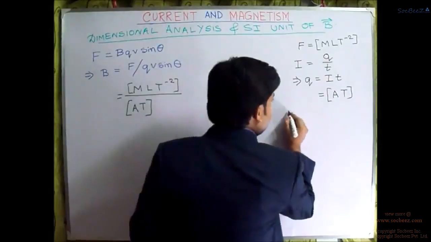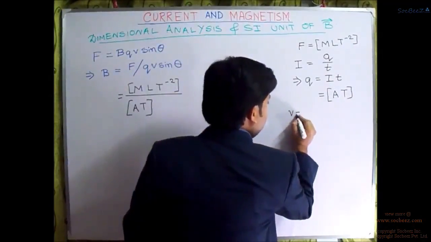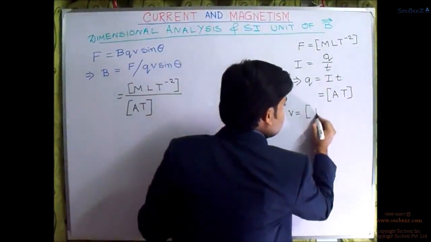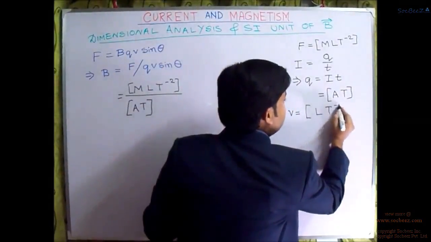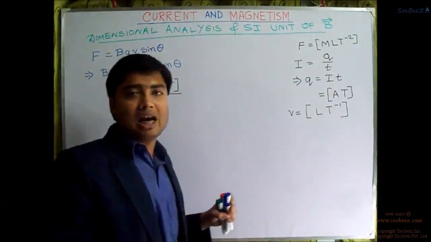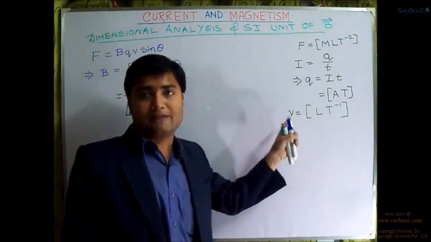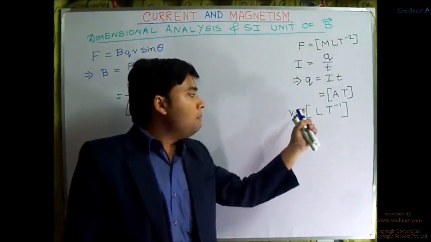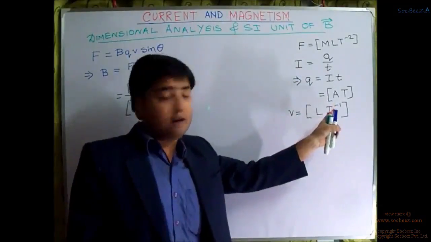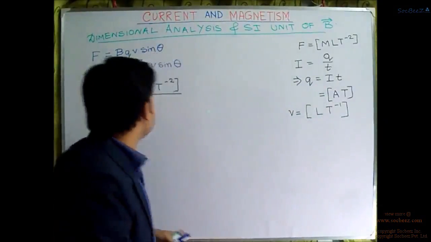And over here we know that V is the velocity or the drift velocity. So the dimensional formula of V is simply L T to the power minus 1. As we know, the SI unit of velocity is meter per second, where meter is length and per second is second to the power minus 1, which is time to the power minus 1.